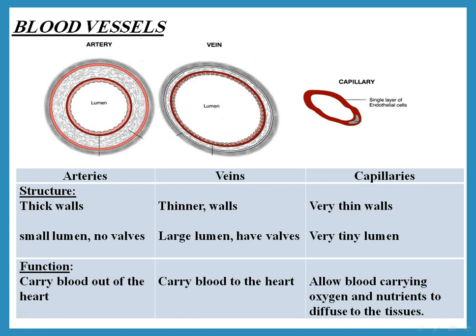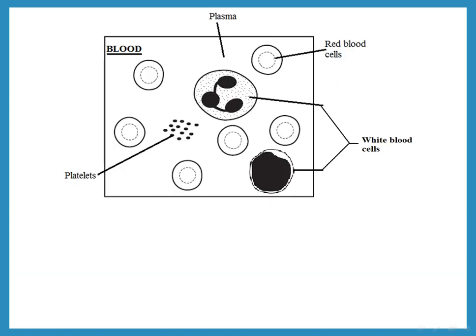Now, veins are carrying blood to the heart. Remember, we said what brings blood to the heart? The vena cava and the pulmonary vein. The capillaries are very thin walls, and we said these surround the tissues and they allow blood to diffuse to the tissues carrying oxygen and glucose and amino acids and things like that.